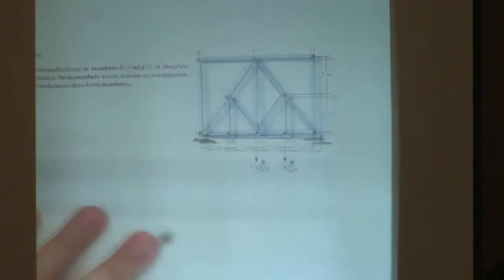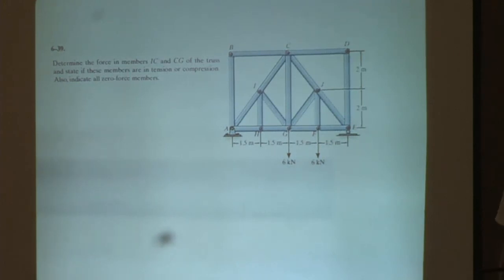So just look at that for a minute. Glad I don't have to do that anymore. This one's actually easy, as long as you get the zero force members right.